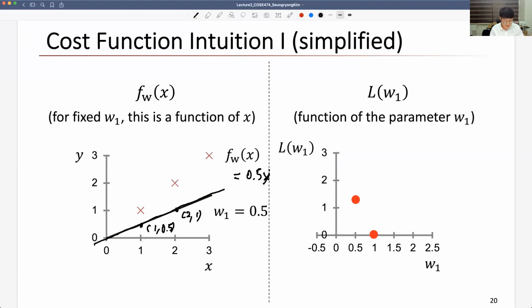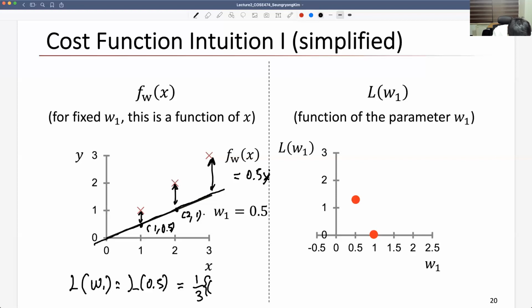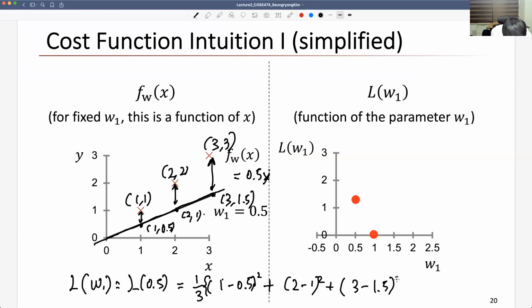What is the distance between the ground truth and the estimated values? So L of 0.5 is 1/3 times (1 minus 0.5) squared plus (2 minus 1) squared plus (3 minus 1.5) squared.